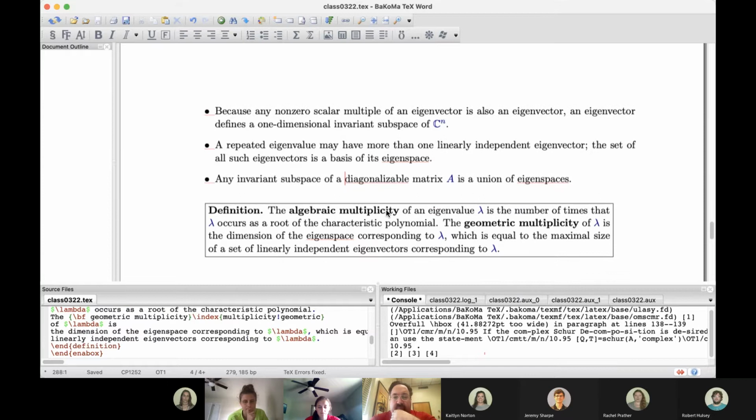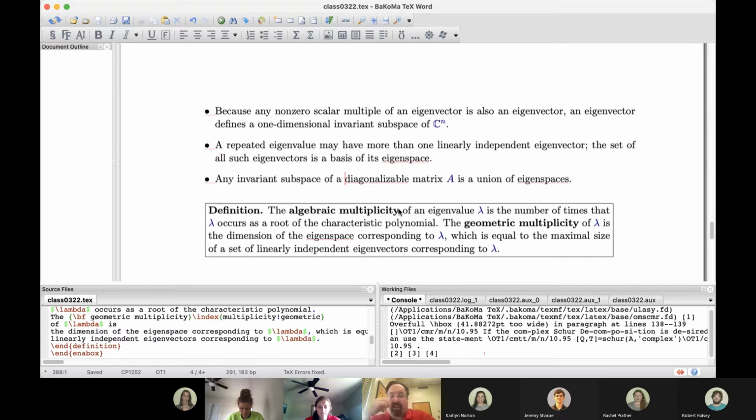Normally when we talk about a repeated root of a polynomial, we refer to the root's multiplicity. But we have to be careful about multiplicity when talking about eigenvalues and eigenvectors. The number of times that lambda is a root of the characteristic polynomial, we call the algebraic multiplicity.